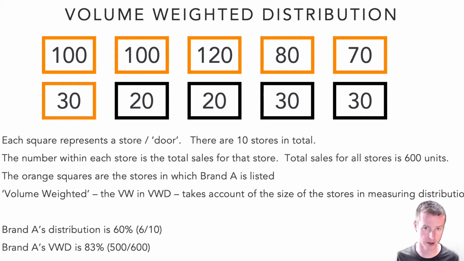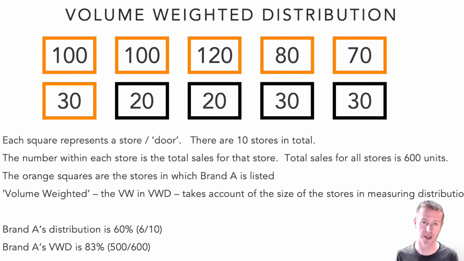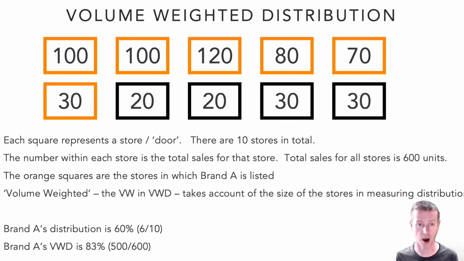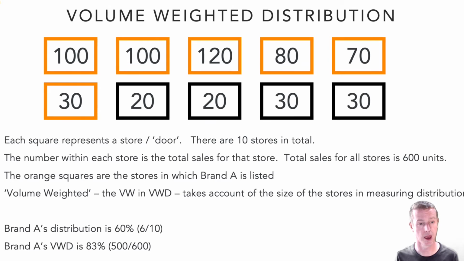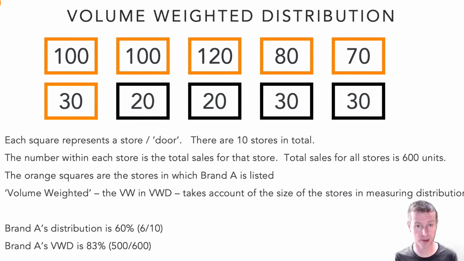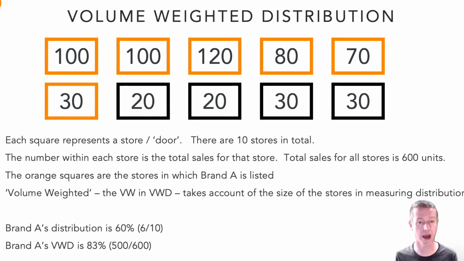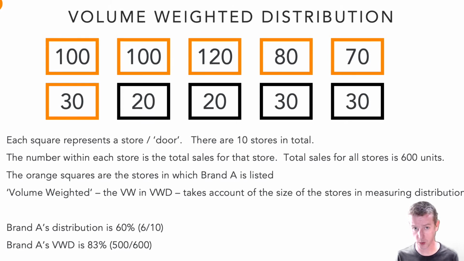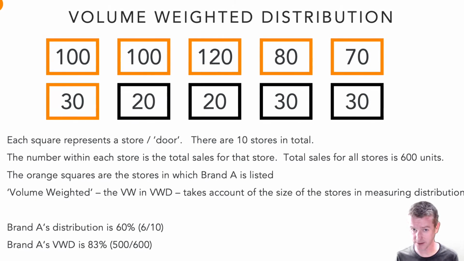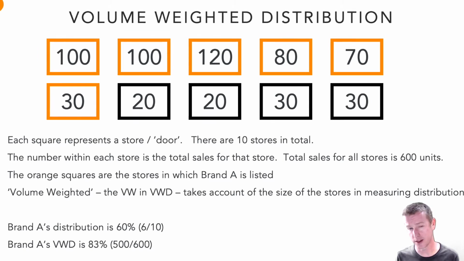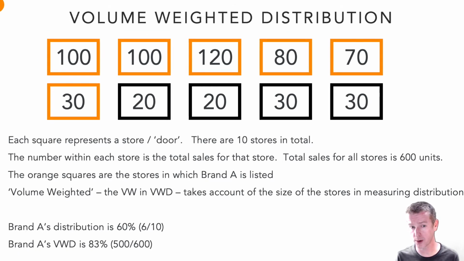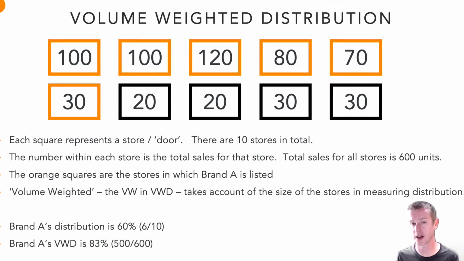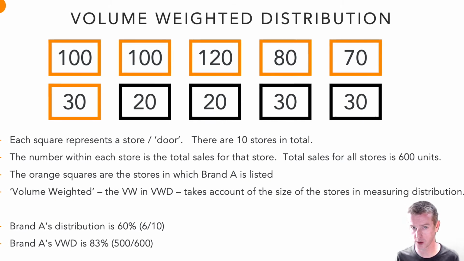So in this example, each store is represented by a box. The number within the boxes represents the sales for that particular store. What we're concerned with is brand A. Now, in this particular example, the numbers within each of the stores are not sales for brand A, they are just sales for those stores.